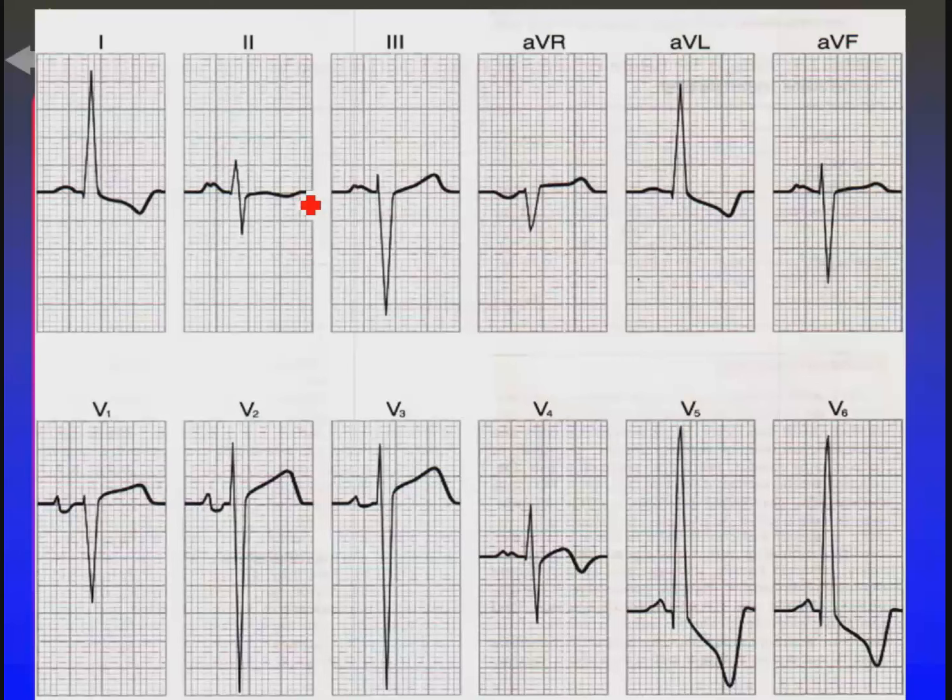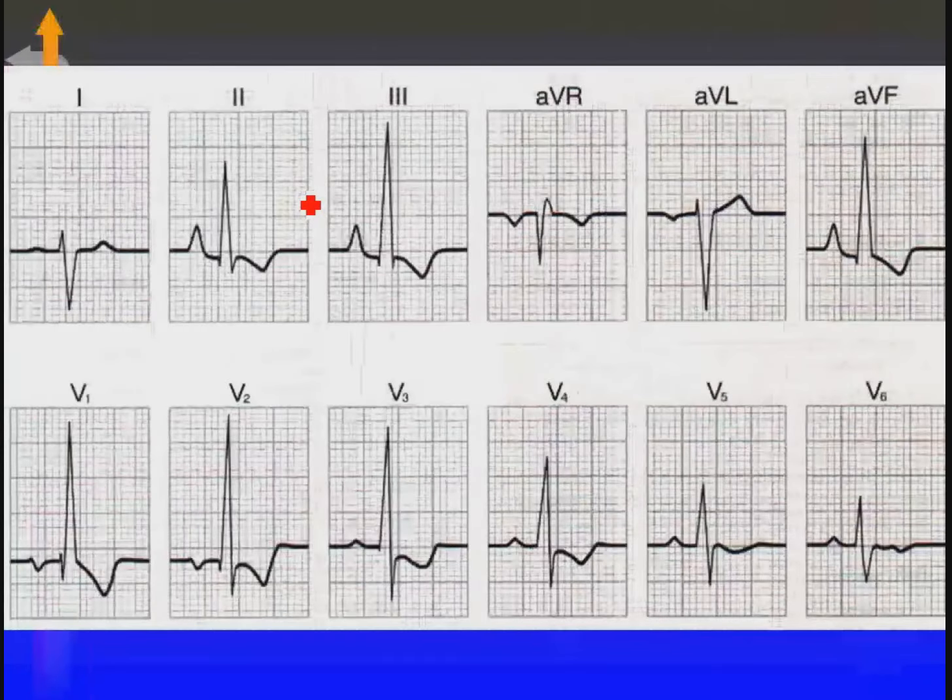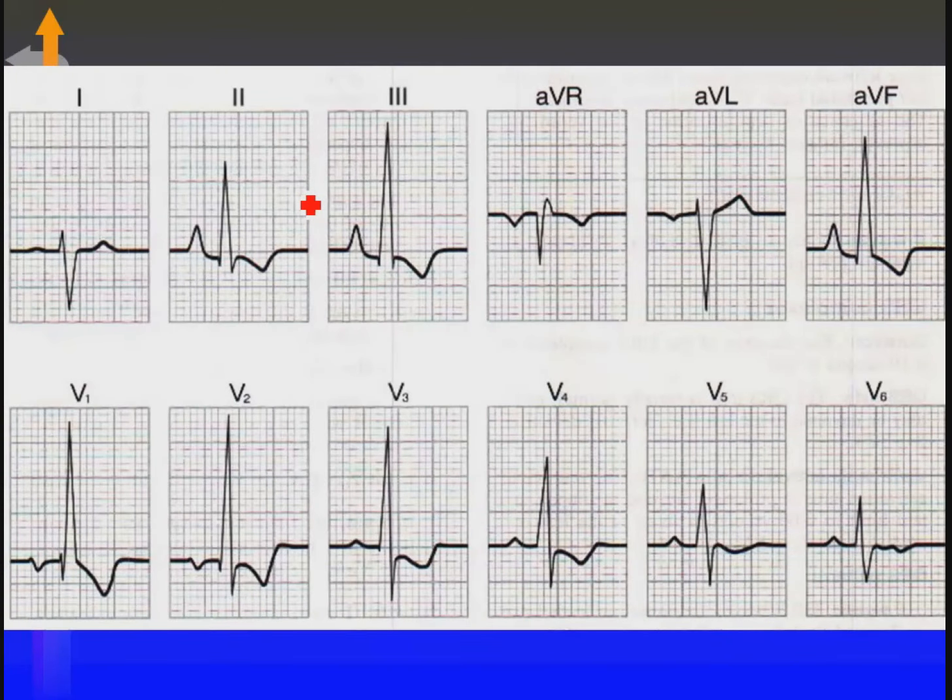Yeah, so left. AVF is going this way. So left. So it's a left axis deviation. It's right axis deviation. Then the question would be, what would cause that? A lateral wall MI, right ventricular hypertrophy.